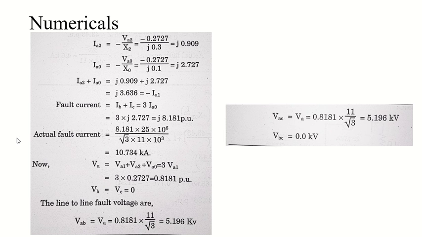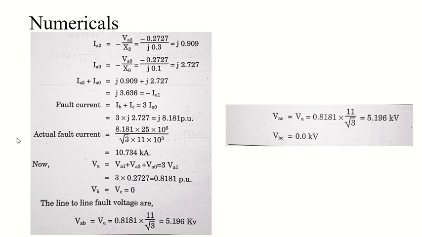So ia2 will be equal to minus va2 divided by x2, from the formula we earlier derived. You know the value of x2, you know the value of va2, so ia2 will be equal to 0.909 j. In the same way you can find ia0 as minus va0 divided by x0, because you know both va0 and x0, so the value of ia0 will be 2.727 j.